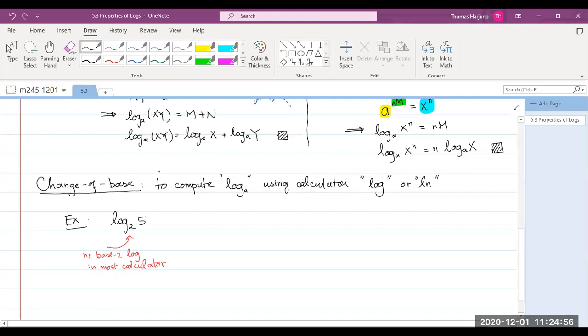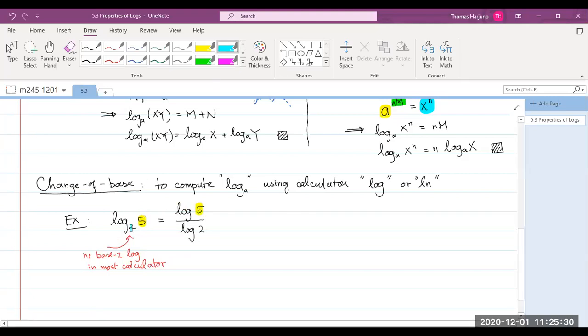You can choose to use base 10 or base E. Actually, you can choose to use any base. You can use base 4 if you like, base 8, base 9, base whatever, even base pi, base 2/3, fine. But the main purpose of change of base is to use calculator. So suppose I change it to base 10, it will be log base 10 of 5 over log base 10 of 2. So the argument stays with the argument at the top.